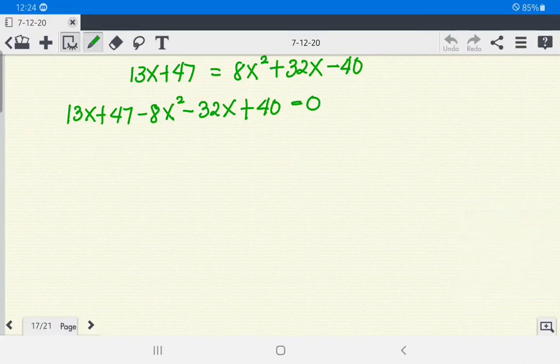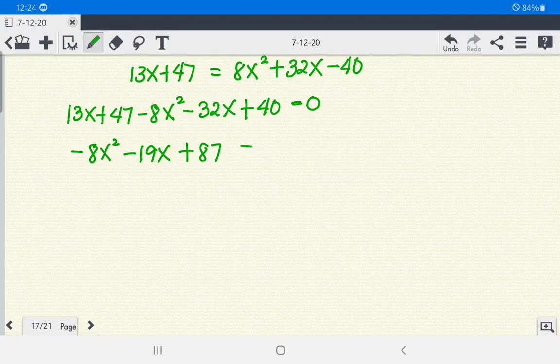We have negative 8x squared, then 13x minus 32x, so that is negative 19x. Then next 47 plus 40, so we have 87 equals to 0. Then to make it positive, multiply both sides by negative 1.